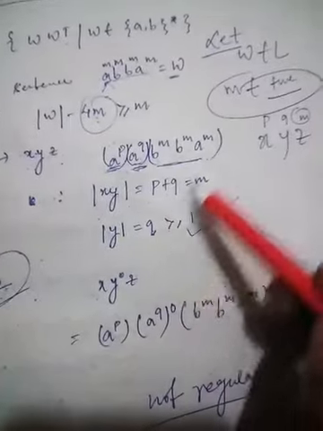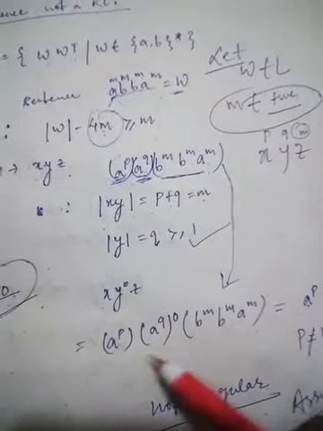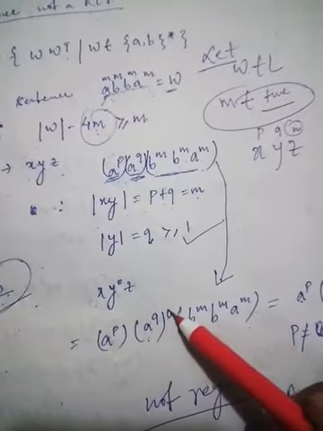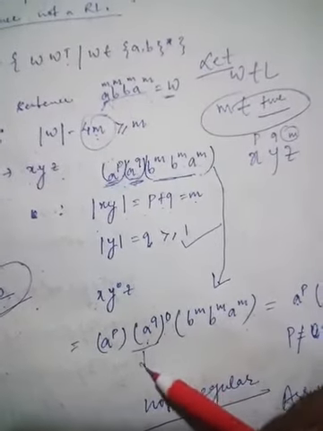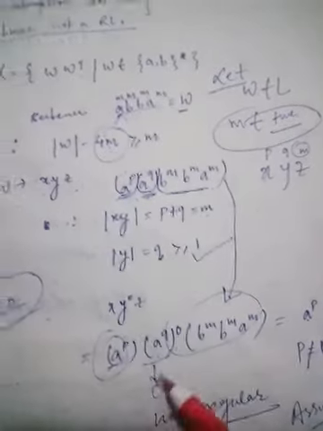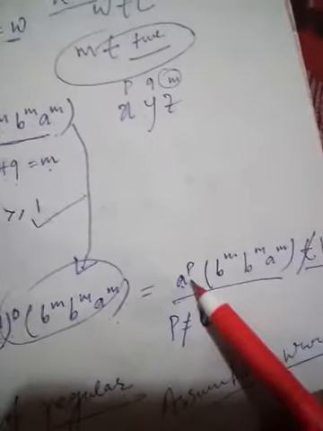Now as you can see, we have y to the power 0, that is a to the power q to the power 0, so it will be 0. What are we left with? We are left with this and the whole of this.